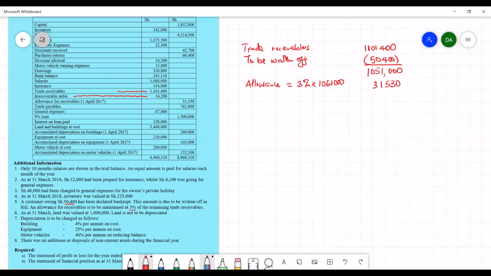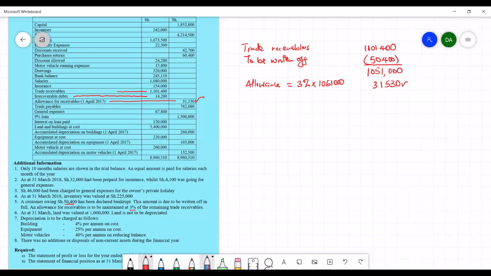At the beginning of this period, that is on 1st April 2017, the allowance for receivables was 31,530. And we have also calculated that at the end of the period, the allowance should be 31,530. In that case, there is no increase and no decrease in allowance for receivables, so there is no income and no expense in the statement of profit or loss.